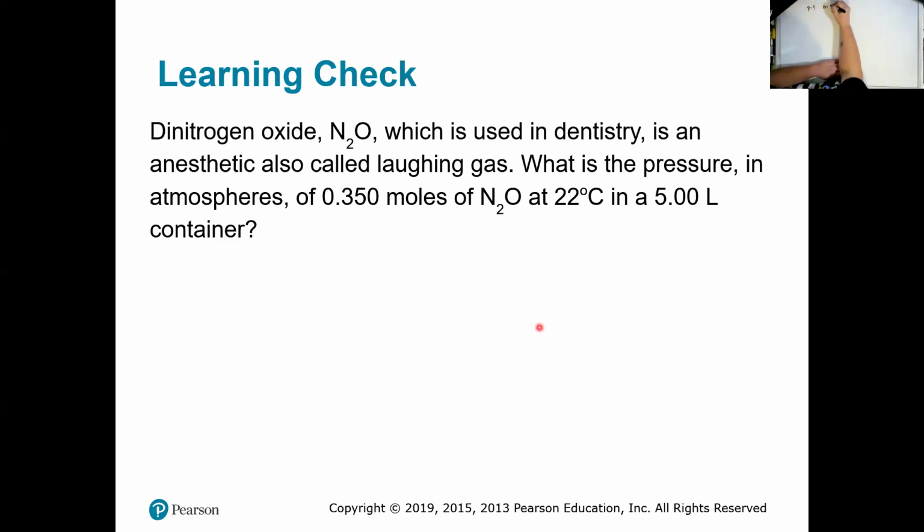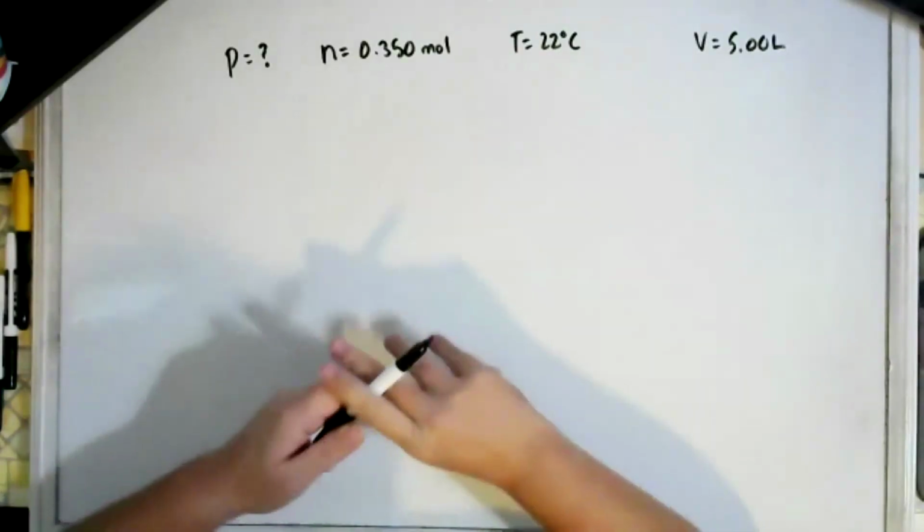So our n value, 0.350, at 22 degrees Celsius in a 5-liter container. Okay, this is our information.